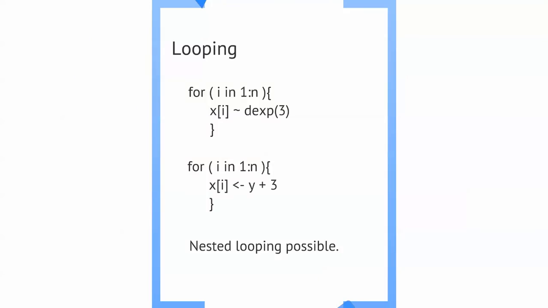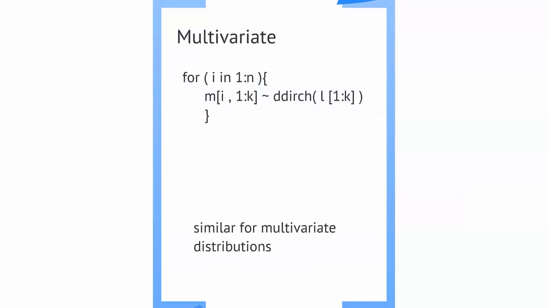Now, to do the looping, it's for i in 1 to n, and then the curly bracket starts, and within that you can define the random node or the deterministic node, whichever is required. And nesting is also possible within the loops. And to define the multivariate distributions, you can do it the same way as doing looping, but BUGS does not work vector wise, it works element wise.